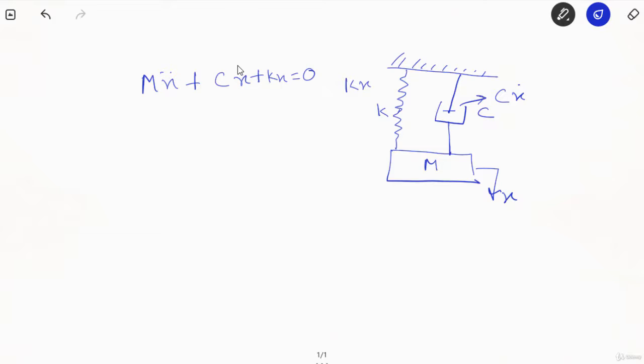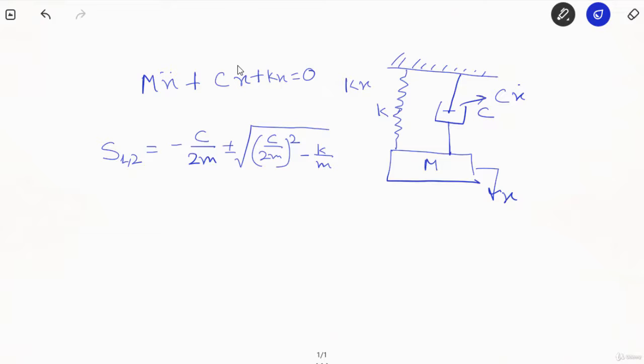I'll directly write the solution here: s equals minus c over 2m plus or minus under root c by 2m whole square minus k upon m. So this is the solution, the s1 and s2 parts, right?